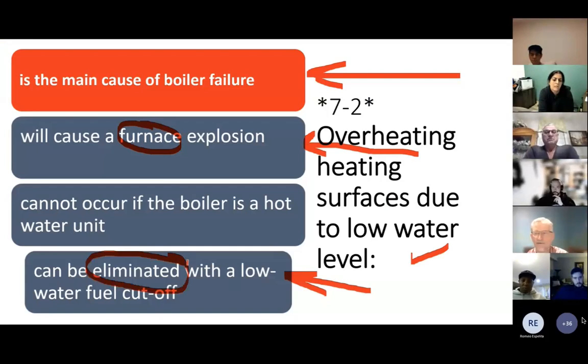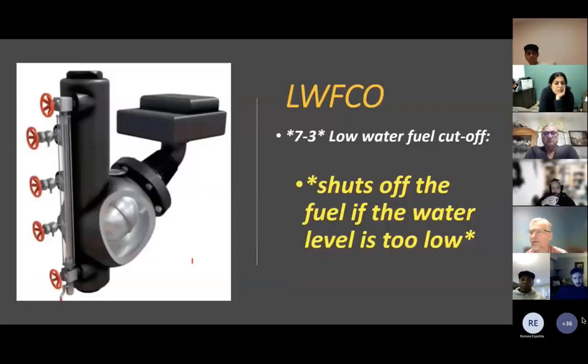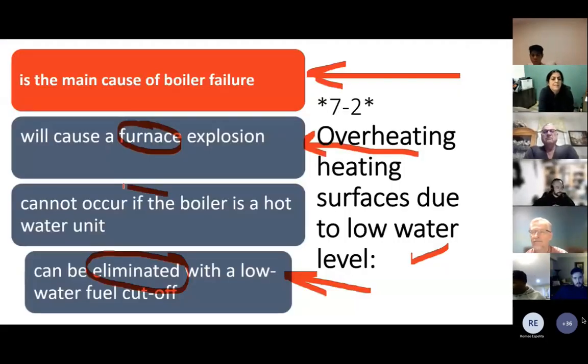It's going to cut down on it happening, but do these devices work 100% every time? Maybe not, right? And this one's not right also. This one's wrong. This one's wrong. We can overheat surfaces. We can run the hot water boiler low and cause something to fail. So cannot occur is not true.